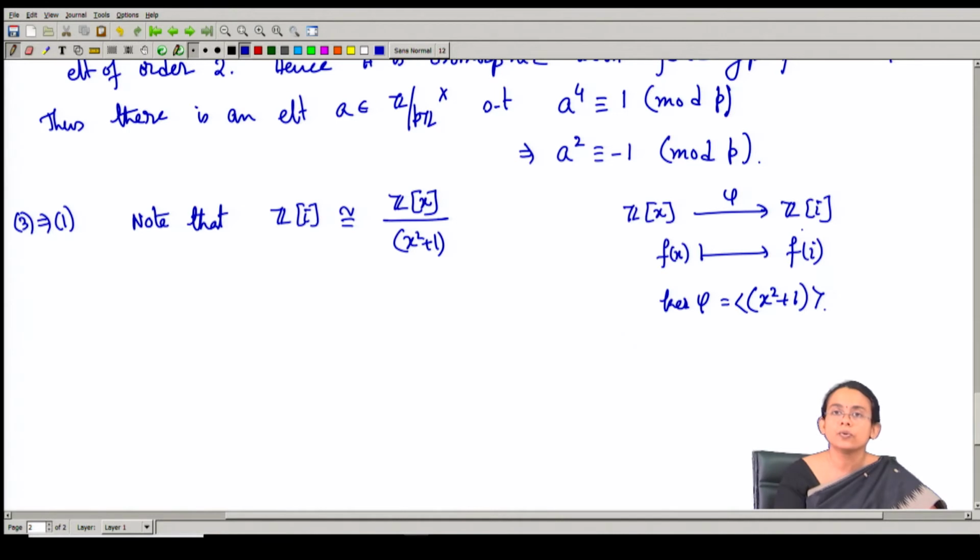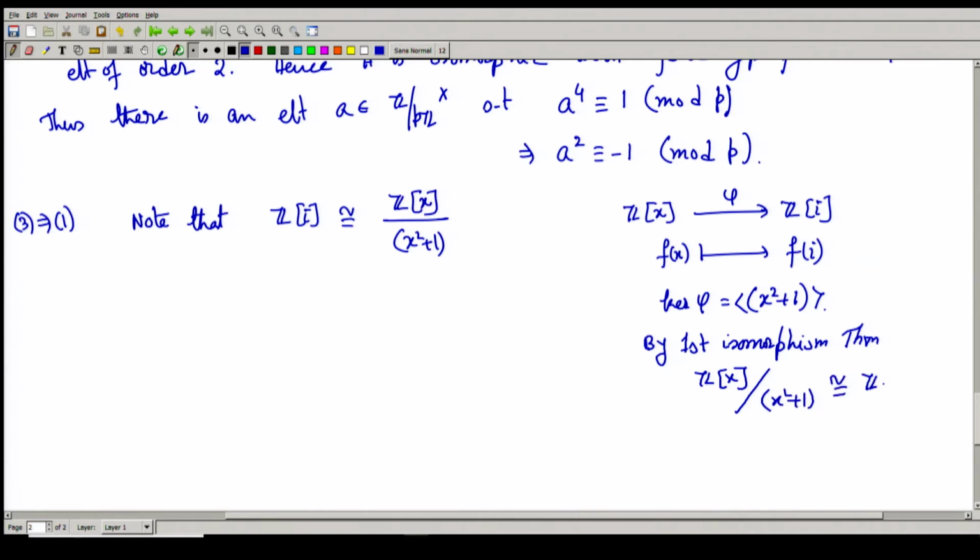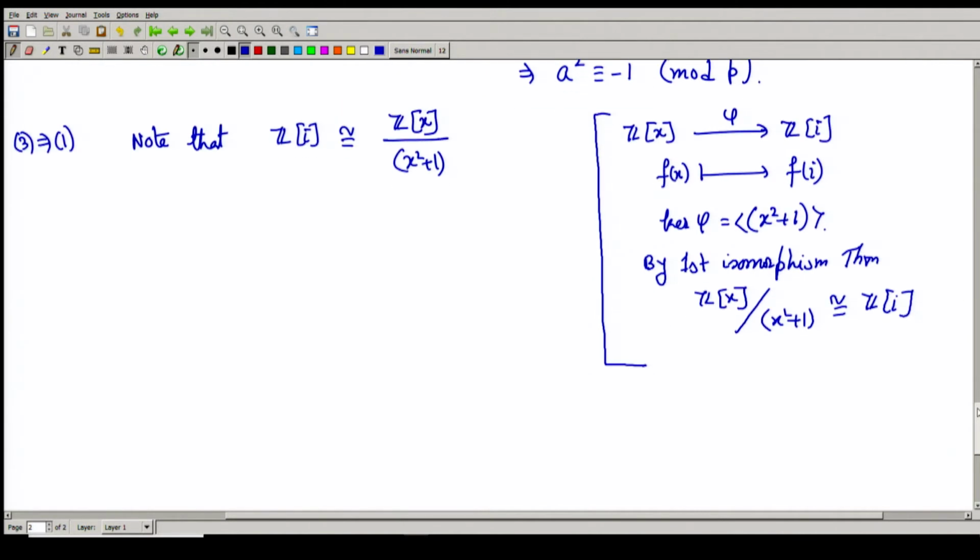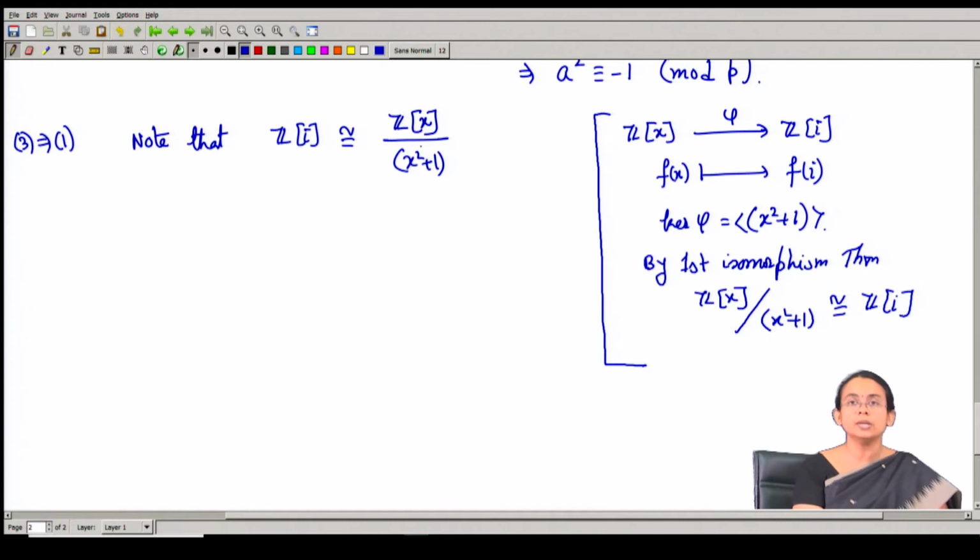Therefore, by the first isomorphism theorem, it is clear that Z[x] quotient the ideal generated by x square plus 1 is isomorphic with Z[i]. So this is the proof of the fact that Z[i] is isomorphic with Z[x] quotient x square plus 1, and I will be using this in order to prove the statement.